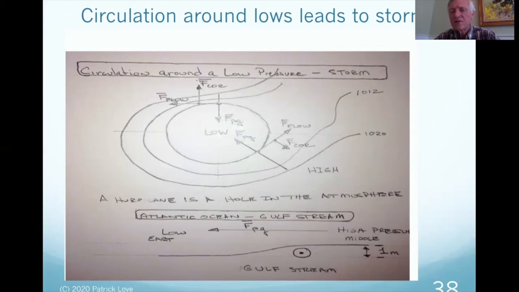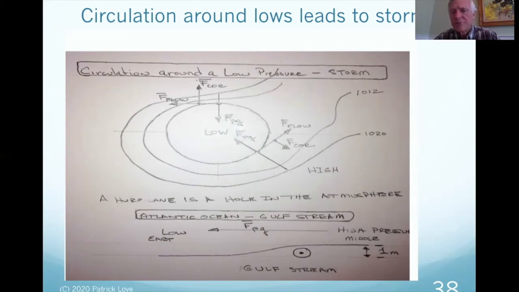It turns out the Coriolis force is trying to pull in the opposite direction, and so it turns the flow line to the right, and you end up with flow around the low, and ascending air up through the center of the low.